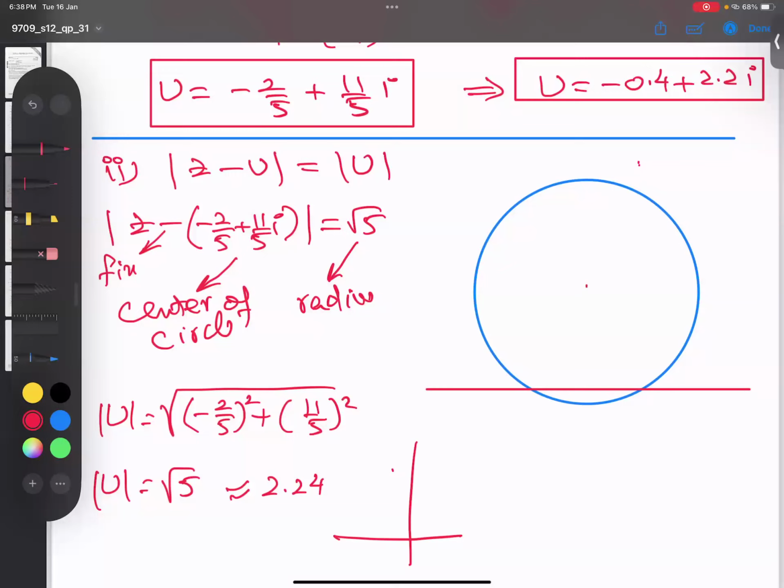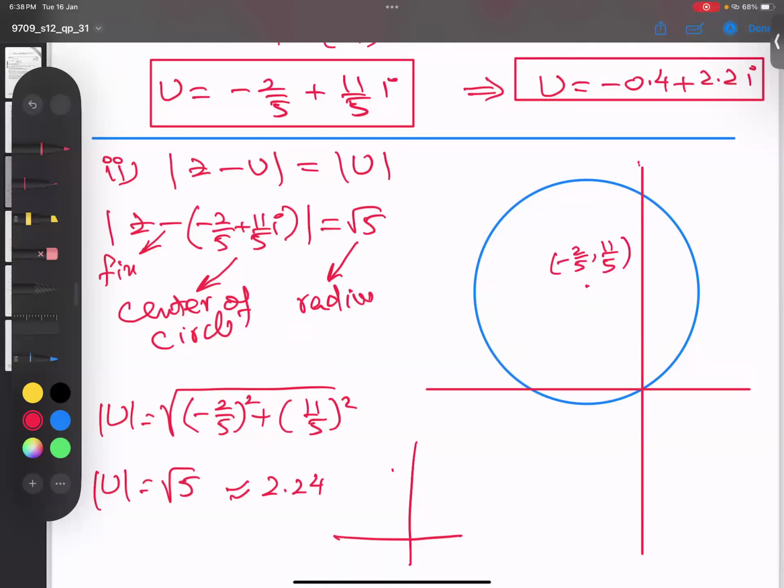One more thing, an interesting part. Wait a minute. Is this radius root 5? Hold on. Okay, wait a minute, please. There is some logic behind it, and I'll tell you the reason. Whenever this condition comes, for example, this point I'm writing here is negative 2/5, comma 11/5.